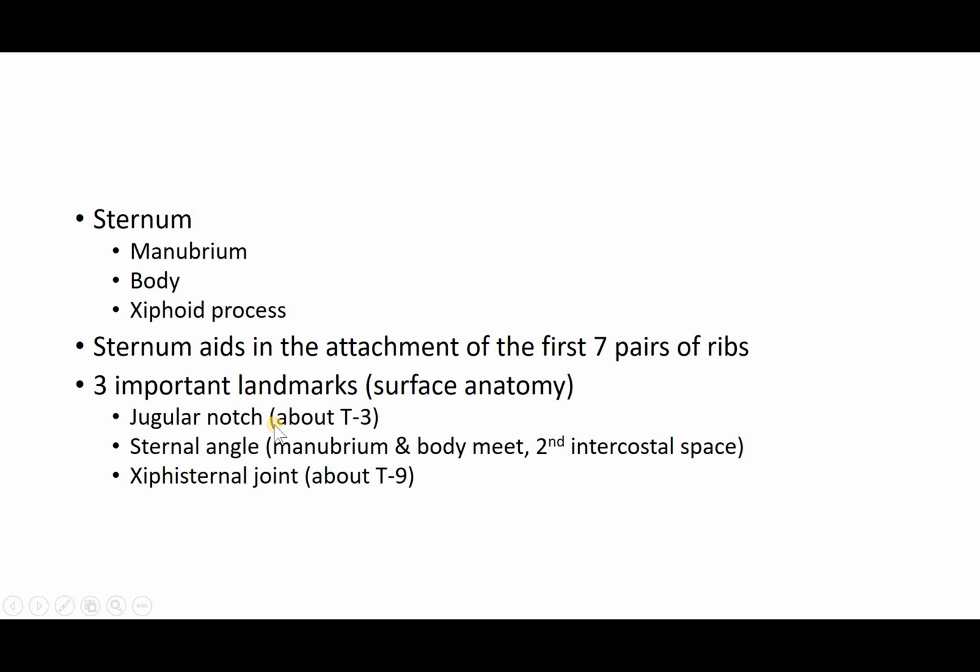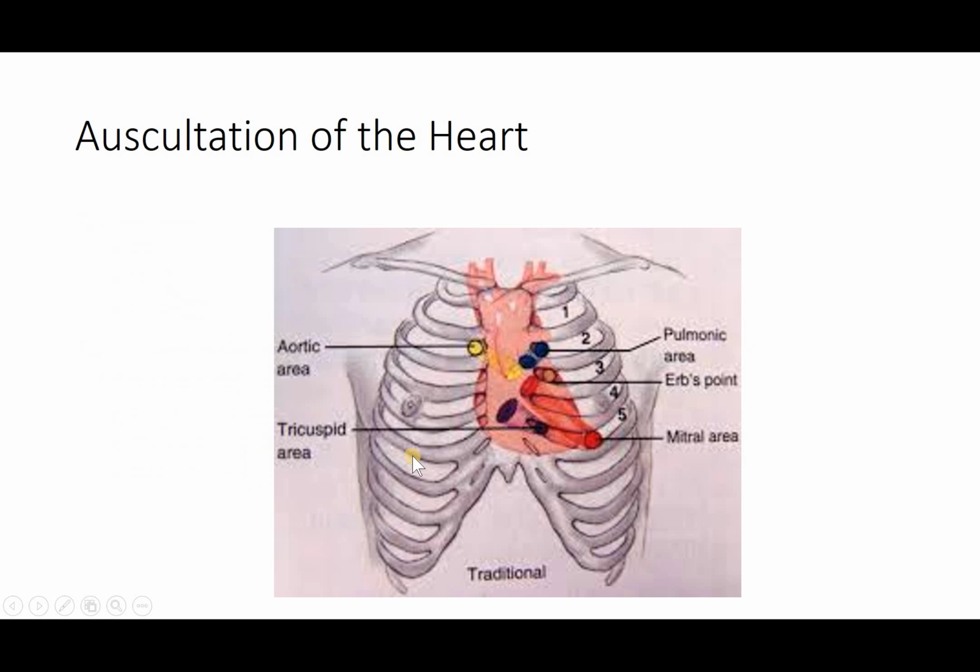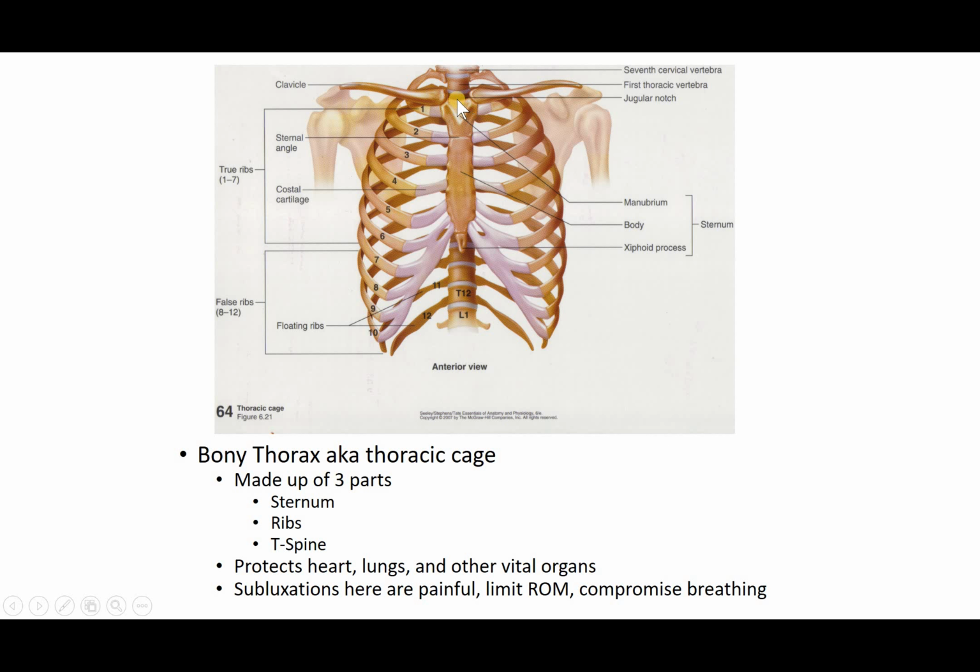The jugular notch is about the T3 area. So I'm going to back up. So this right here is the jugular notch. Okay, it's basically in between the clavicle there. That area is significant because the jugular vein comes down, and in some people with a heart problem, blood is not draining properly from the jugular vein into the superior vena cava going into the right atrium of the heart.